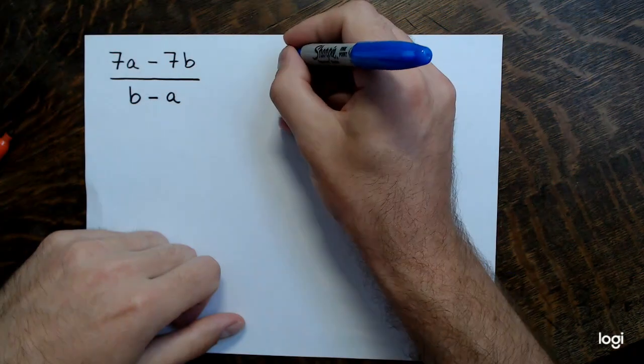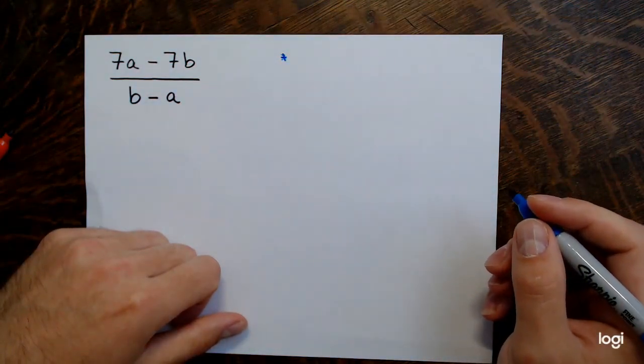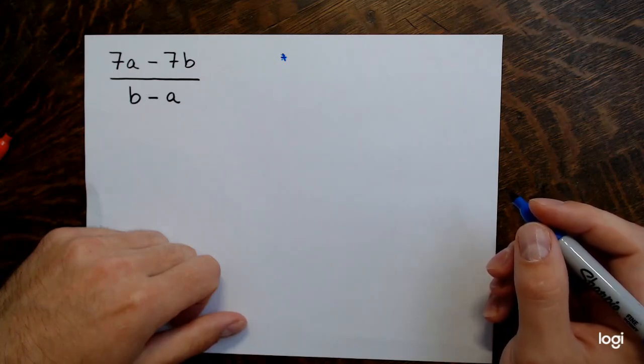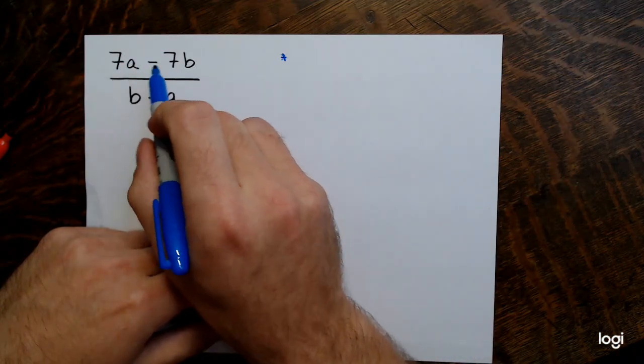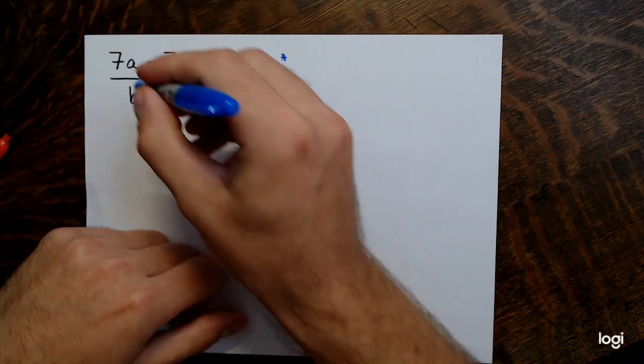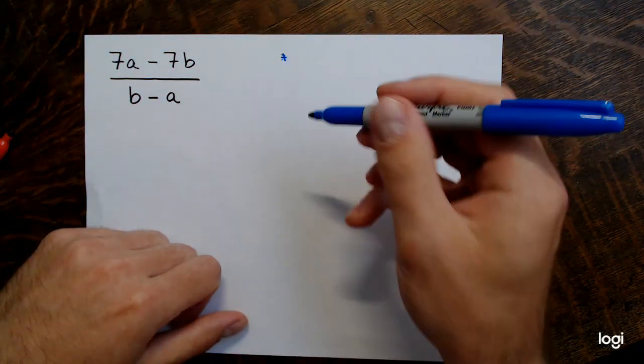So if I were you, little tip, okay? If I was asked to simplify a rational expression with multiple variables like this, there's a and b, 7a minus 7b divided by b minus a. Again, don't just cancel the a's and cancel the b's, please. These are terms, not factors.